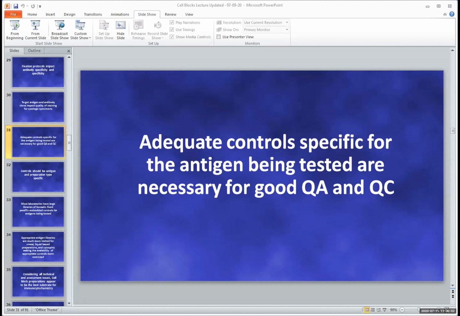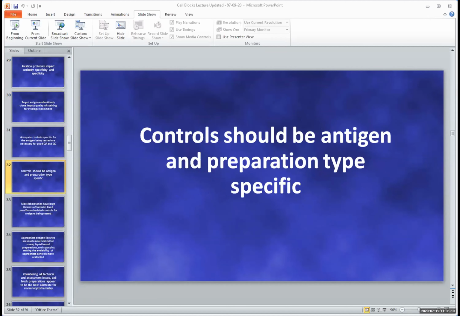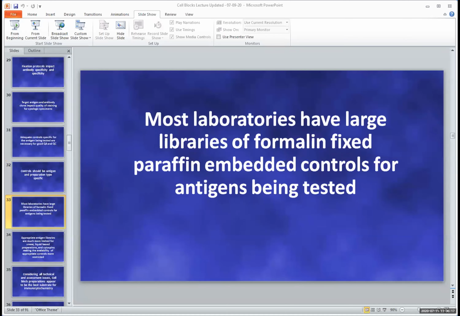Now, adequate controls for specific antigens being tested are necessary for good quality assurance. Controls should be antigen and specimen type specific for optimal quality control, but most laboratories have large libraries for formalin-fixed paraffin-embedded controls for the antigens being tested based on that paraffin-fixed material.